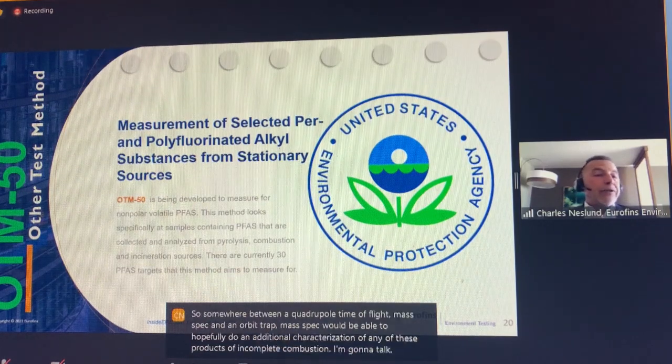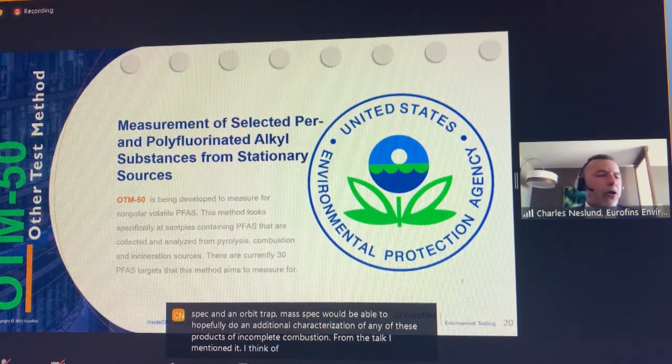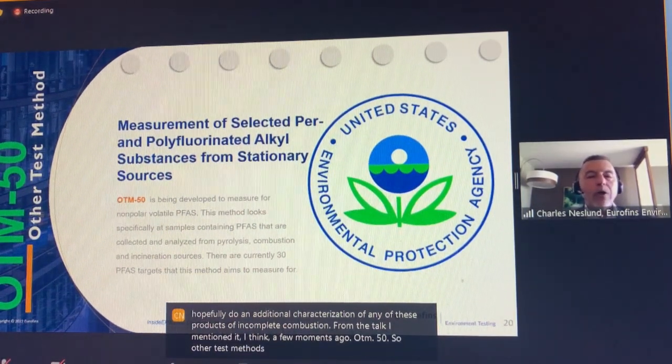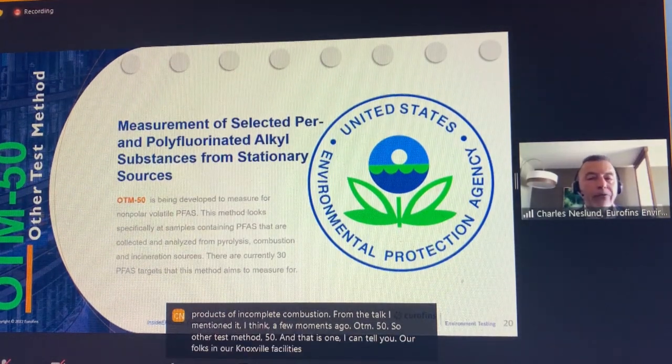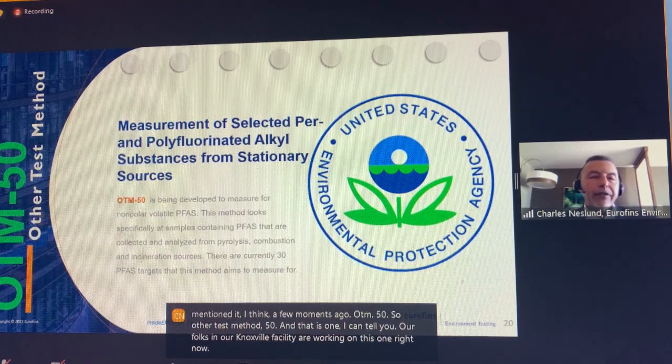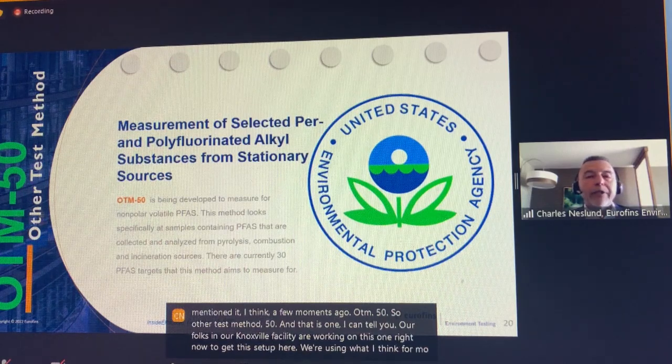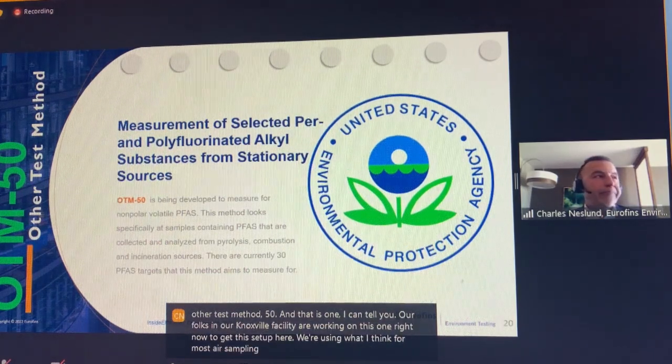From the talk, I mentioned it a few moments ago, OTM 50, other test method 50, and that is one I can tell you our folks in our Knoxville facility are working on right now to get this set up. We're using what I think, for most air sampling, would be more conventional for more folks.